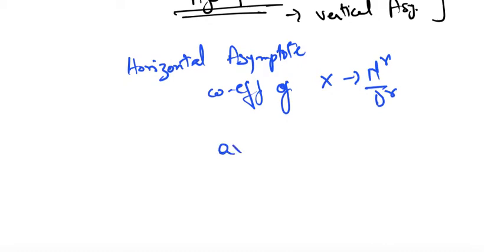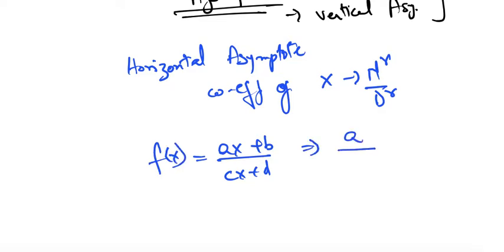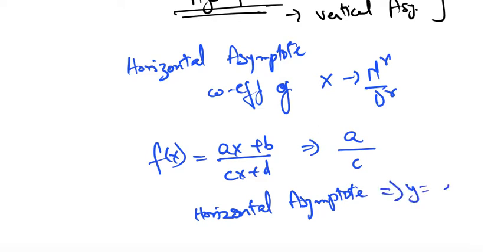So if f(x) = (ax + b)/(cx + d), the coefficient of x in the numerator is a, in the denominator is c. So your horizontal asymptote will be y = a/c.